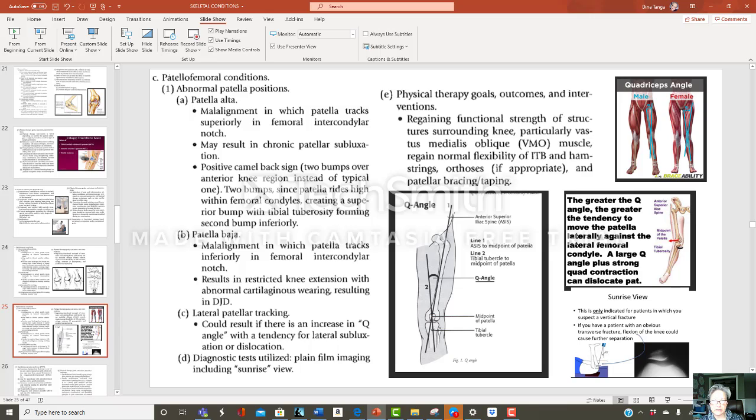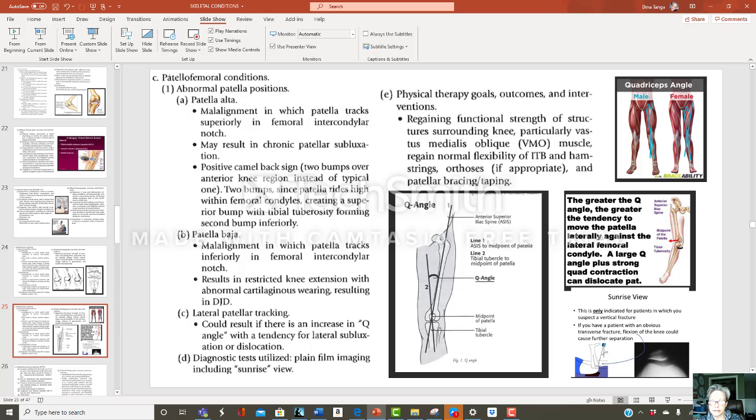And the way you measure the Q angle with the bony landmarks, one arm is going to be lined up with the anterior superior iliac spine, the ASIS, to the midpoint of the patella. The second line is going to be the tibial tubercle to the midpoint of the patella, and that is your Q angle.